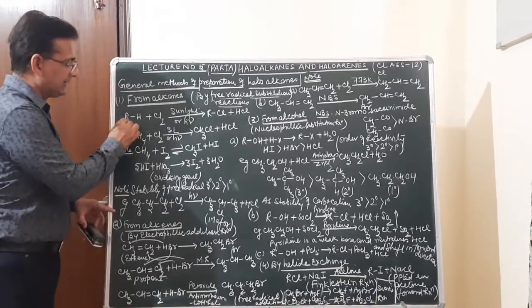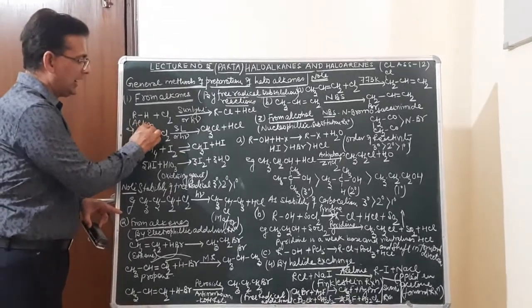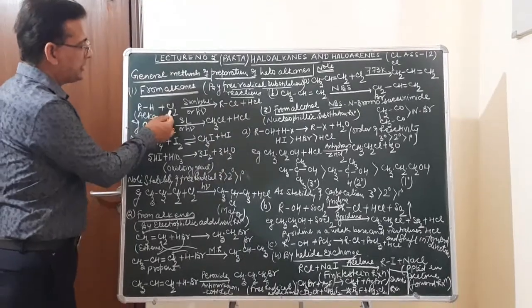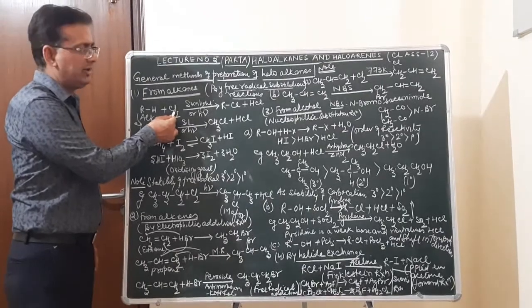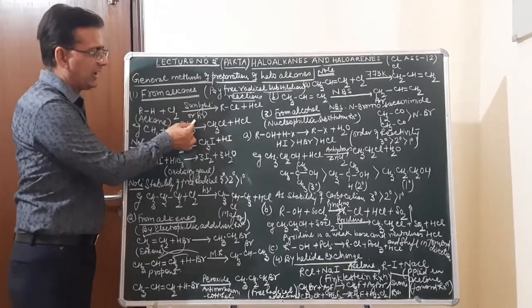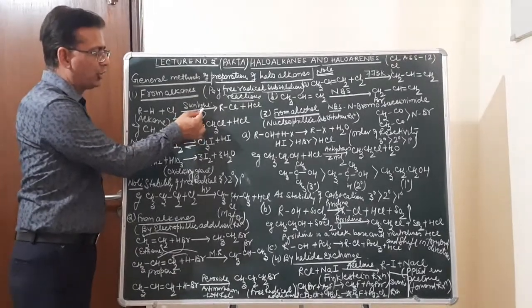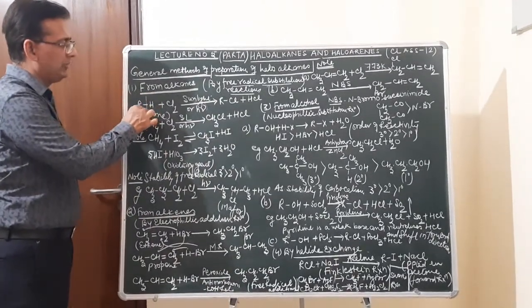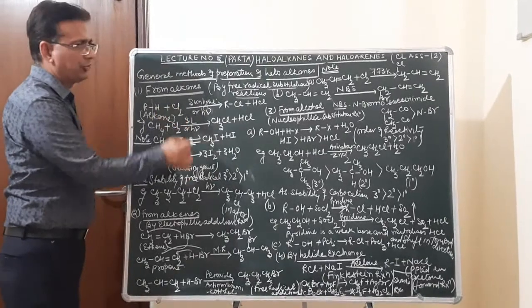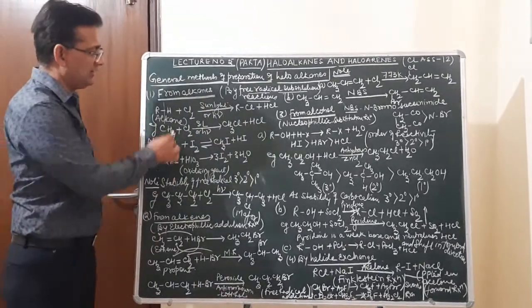When alkanes, how do we represent alkane? RH, are treated with halogens like chlorine, bromine or iodine in the presence of sunlight or photon of energy, this R-H bond will be cleaved and it will be substituted by chlorine free radical in this reaction.